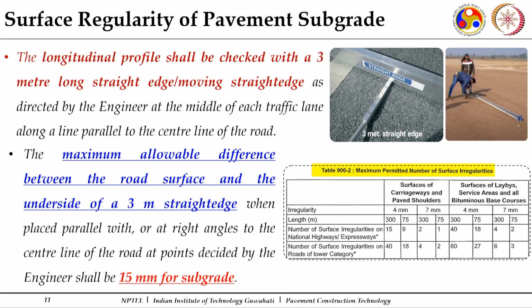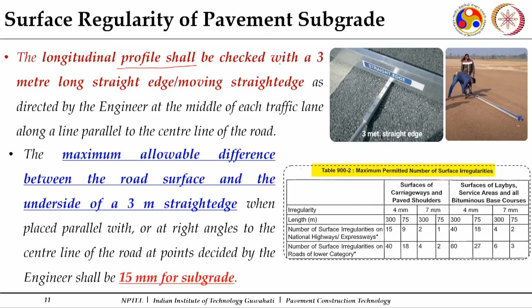In addition to this, for surface irregularities, for small undulations that can occur, because that is very important, we need to have a very smooth surface on the top. For this, it says the longitudinal profile shall be checked by a 3 meter long straight edge. This is a straight edge and this is a wedge which can be inserted.